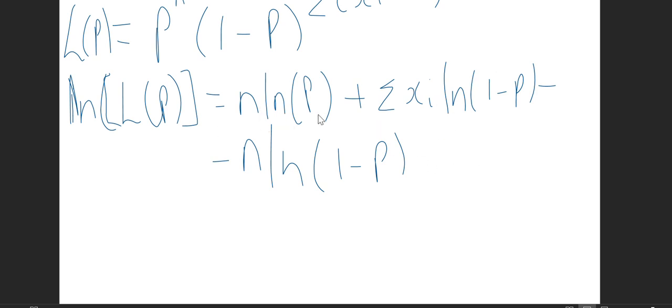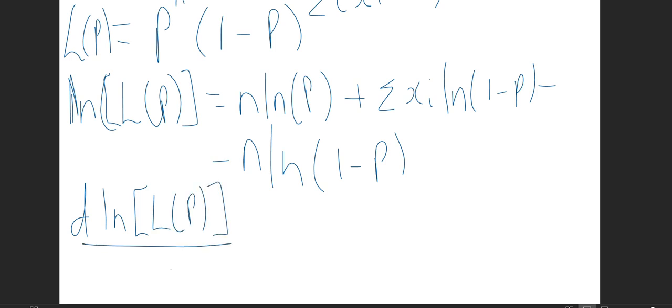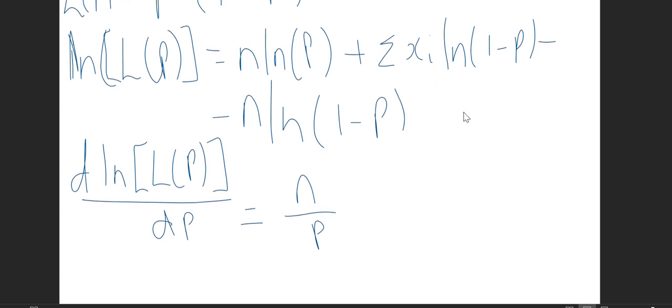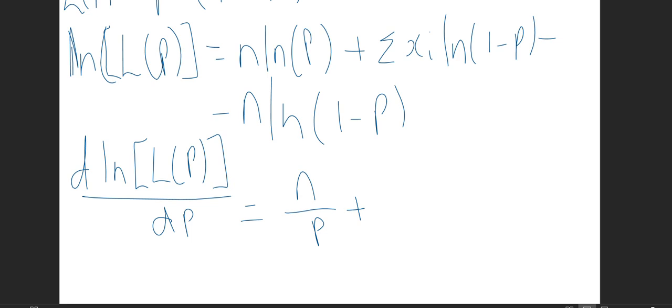So if we take the first derivative of our ln of the likelihood function and differentiate it with respect to p, this will be n divided by p, and then plus the derivative of this part, the sum of xi's divided by 1 minus p, and then we multiply this by the derivative of the inside, which is negative 1.